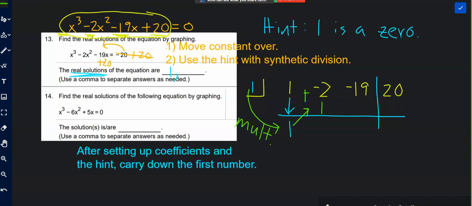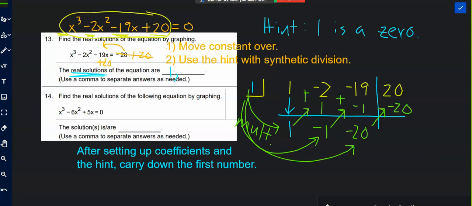Well, what is negative 2 plus 1? That's negative 1. All right, now I'm going to repeat this process over again. 1 times negative 1. Write it above the line in the next column over. Add down the column. Multiply. Write it in the next column over. Add.